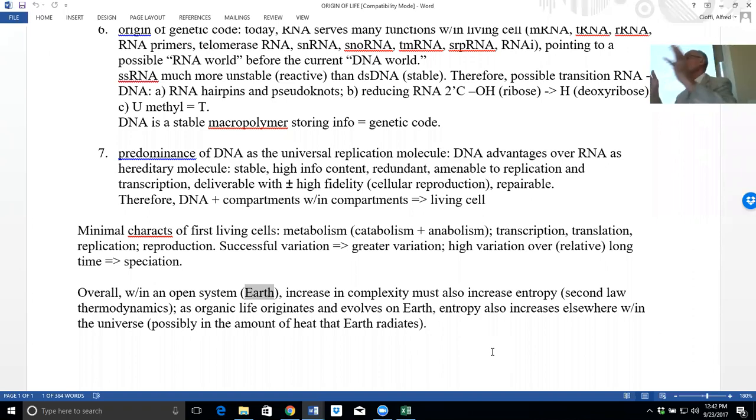From that to get life, the life that we see today, 4.5 billion years ago, was a tremendous ordering event. But to maintain the dynamic system, if we do order on one side, we have to increase disorder somewhere else. Disorder meaning randomness.